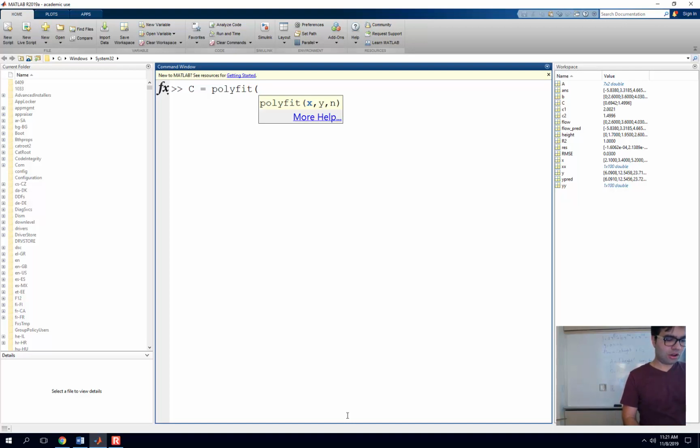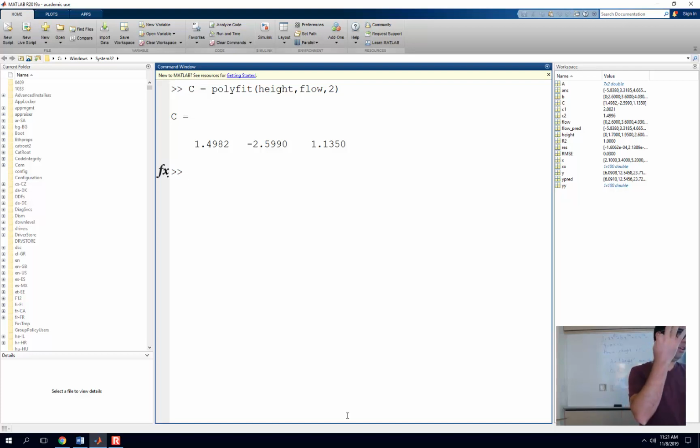Polyfit of height, comma, flow, comma 2. Now I have 3, because polynomial of order 2 is flow is equal to C1 height to the power of 2 plus C2 height plus C3.